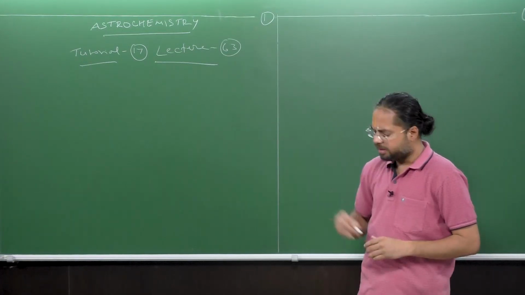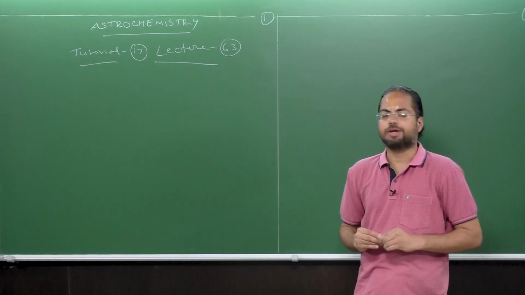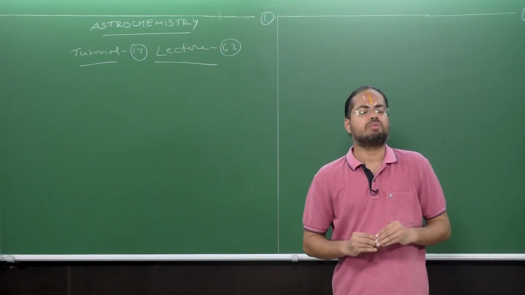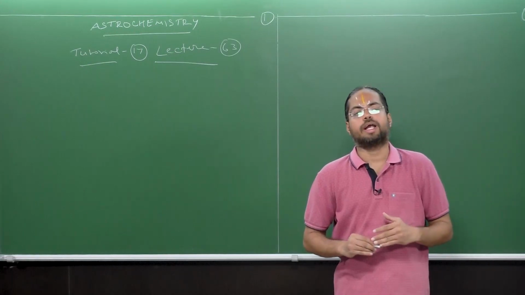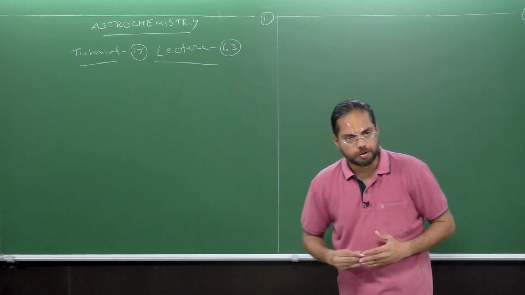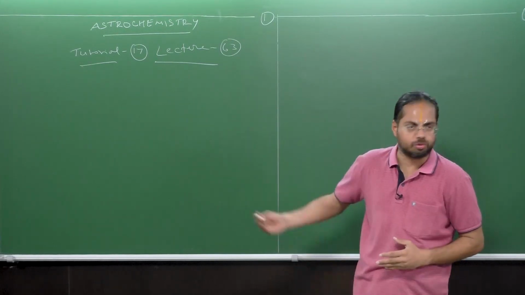In this tutorial, we shall start with selection rules concerning electronic transitions for atoms, and I will give you a brief hint as to how to connect the selection rules for atoms with those of molecules. So we shall proceed straight away into the tutorial.